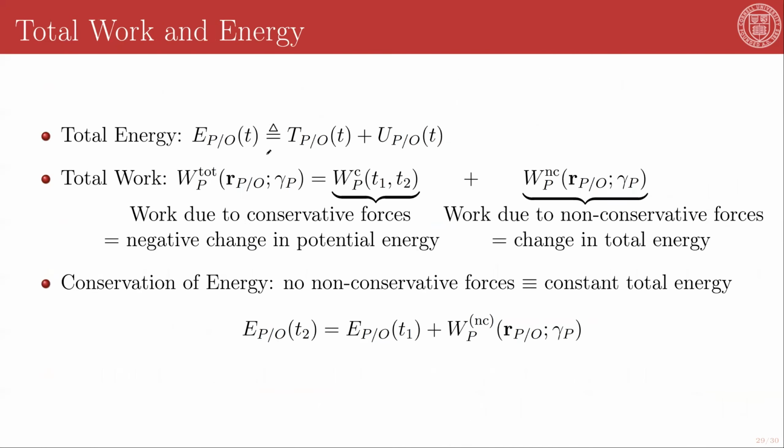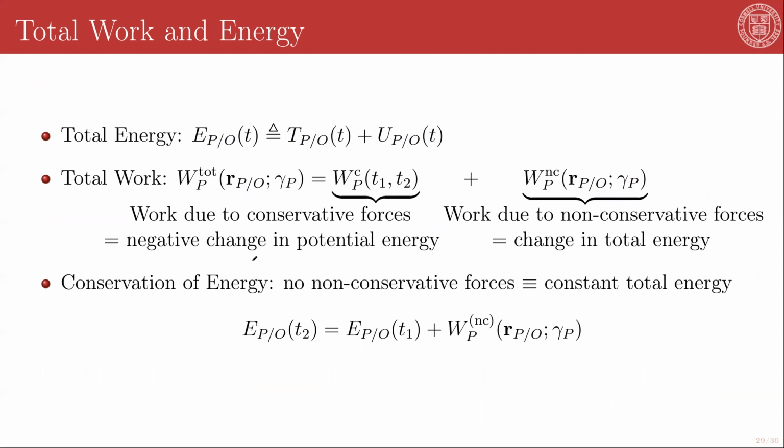And so the total energy of a system is the sum of the kinetic and the potential energy of the system. The total work is going to be the work done by all of the conservative forces, which is negative the change in potential energy, and all of the work done by non-conservative forces, which is the change in the total energy.